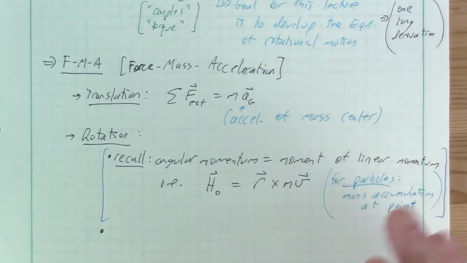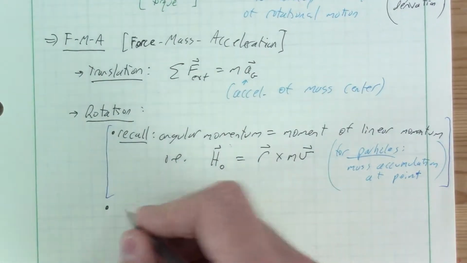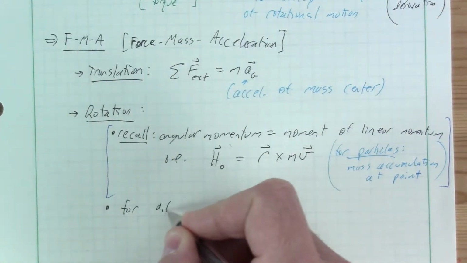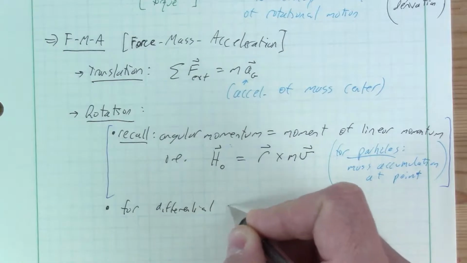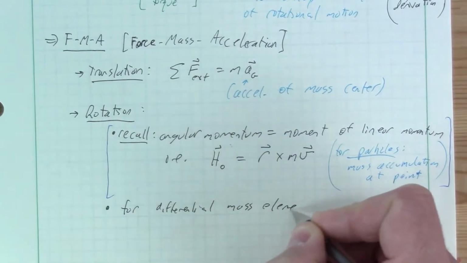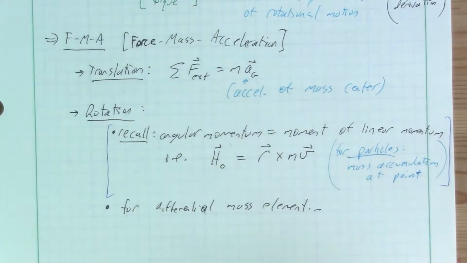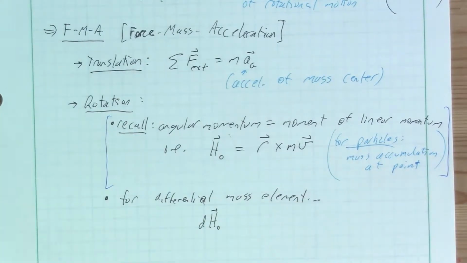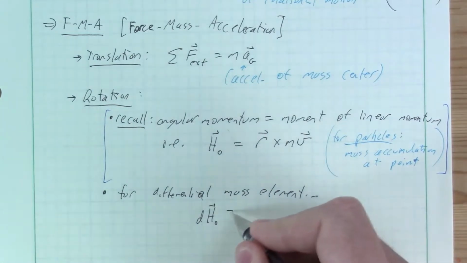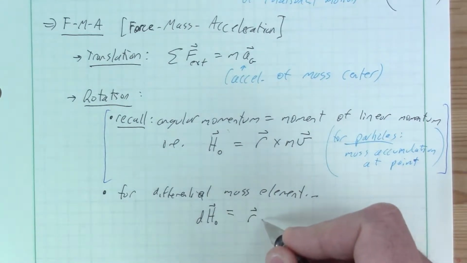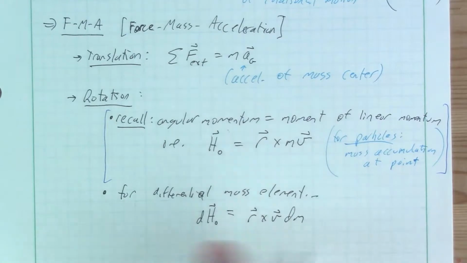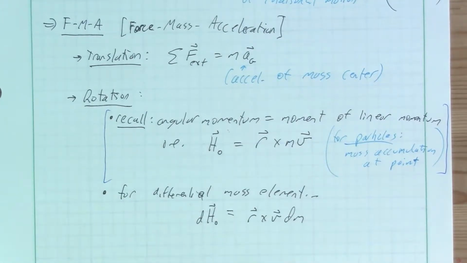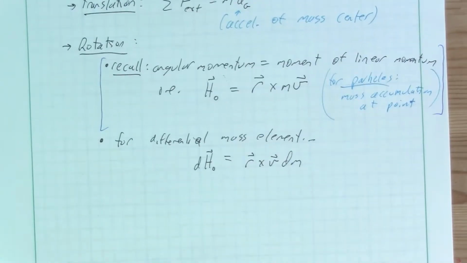Now, if we get into rigid bodies where we have a mass distribution, we need to think about this as a differential angular momentum for a differential mass element. For a differential mass element, the differential contribution to the total angular momentum of an object is r cross v dm. So let's get a picture.